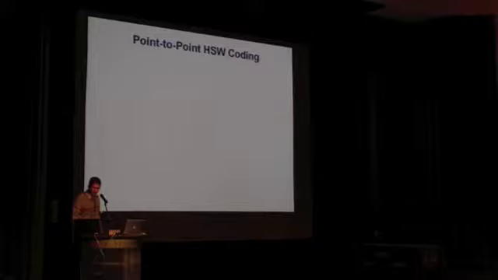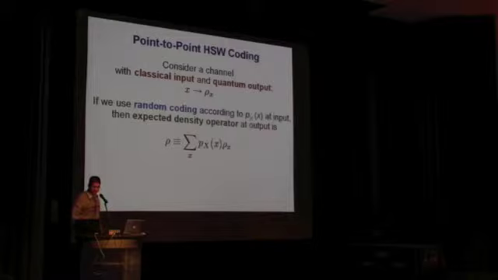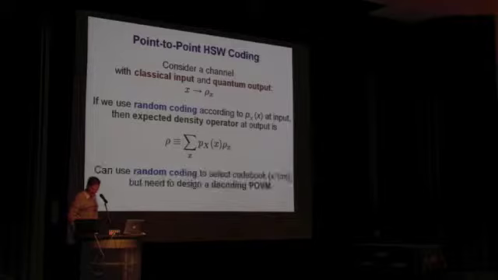Okay, so just a brief review of how this works. We're sort of getting simpler and simpler as we go along. We have one sender and one receiver for successive decoding. There's a classical input and a quantum output that is prepared by the channel conditionally on that classical input. The sender can use some distribution at the input to create codewords randomly.